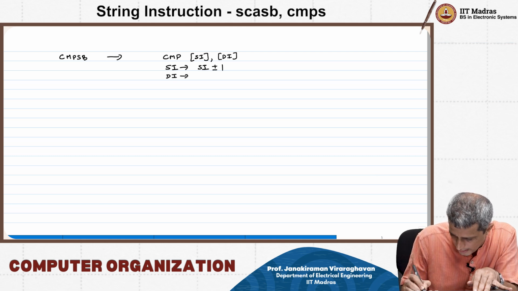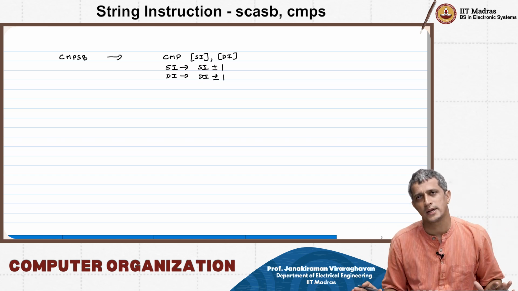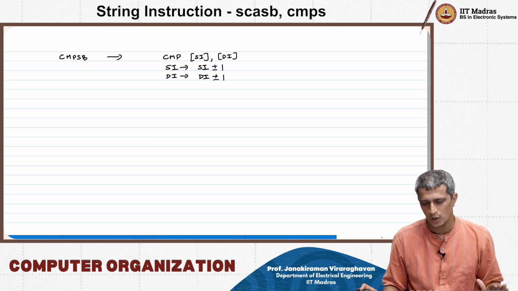So destination index DI plus or minus 1. So this is what the compare byte will do.